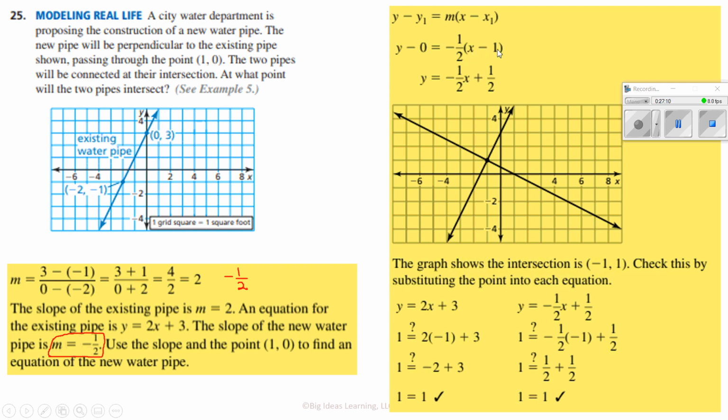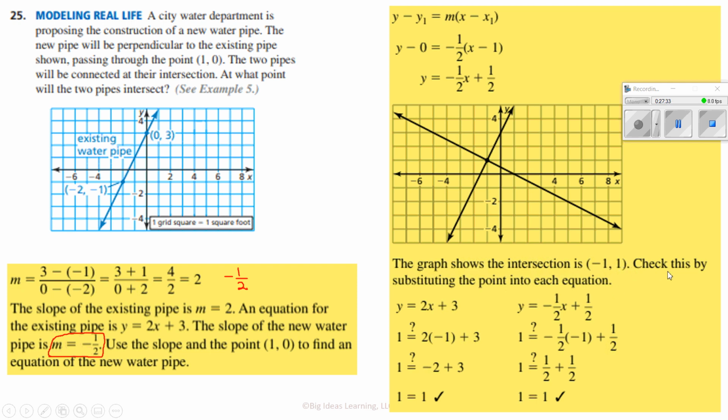Negative 1/2 times negative 1 will be a positive 1/2. All right. So now this linear equation in slope-intercept form will go ahead and give us a line here. All right. So the graph shows the intersection at negative 1 and 1.